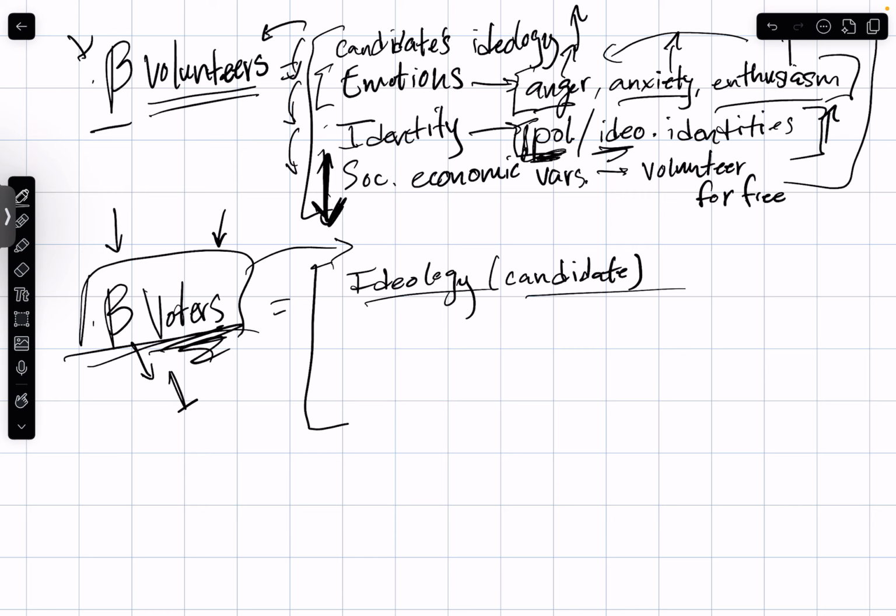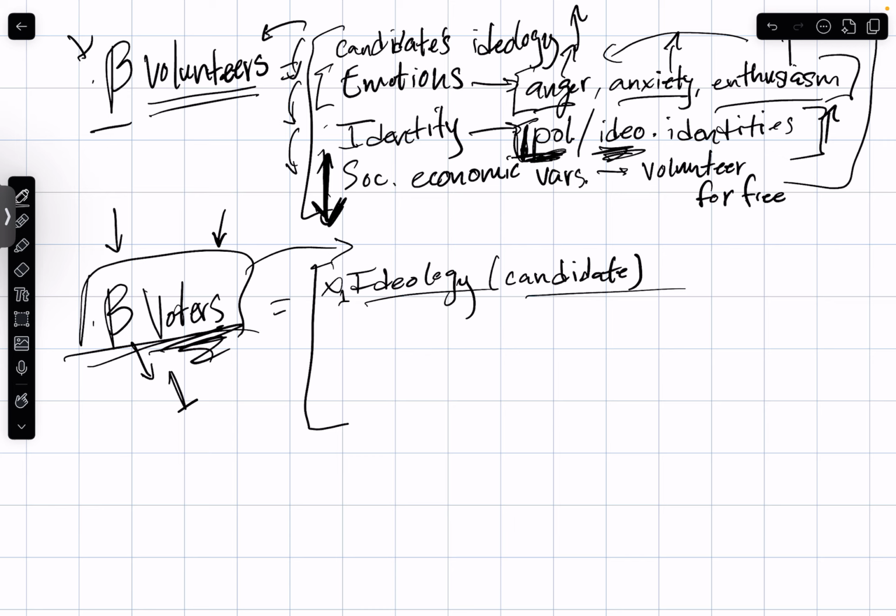Others are more strongly attached to ideologies, right? So for the partisan identifiers, they're not going to care about the ideology at all. Obviously, the ones that care more about their ideology will care about it. So this variable might matter less than for volunteers or more, depending on what kind of people we're talking about.